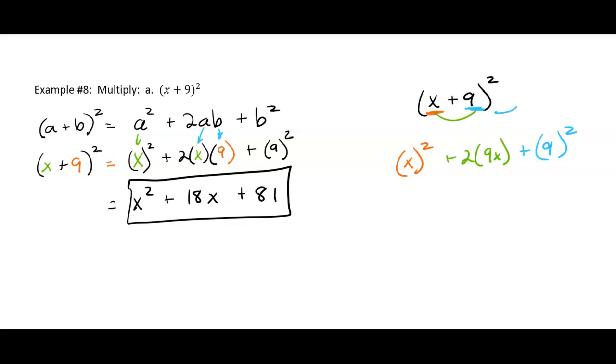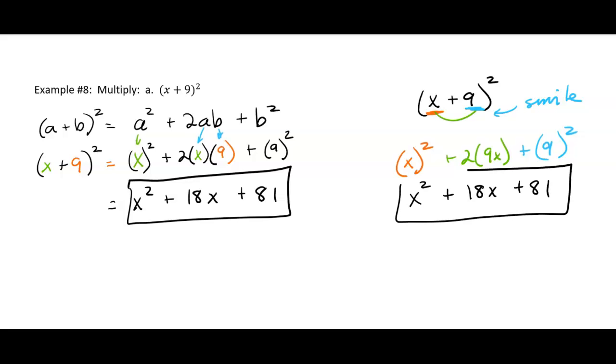It kind of makes a little smile here, so I call it the smiley face system. It's just doing the same thing that the formula was doing. If you like it, you can use it. If you don't, that's fine. For me, it's a little bit easier, a little bit quicker, and you get the same answer. You have to remember to double that middle term.